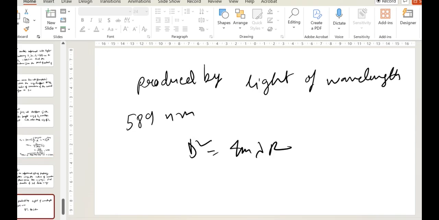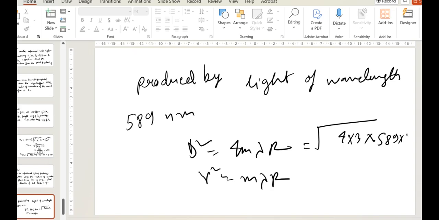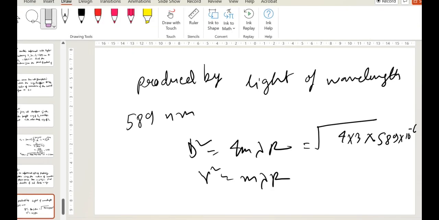So d squared is 4n lambda R. So this is 4 into 3 into 589 into 10 to the power minus 9 into 1.45 meter, and we get 3.2 millimeter. This is the answer.